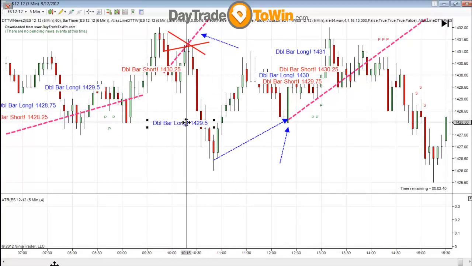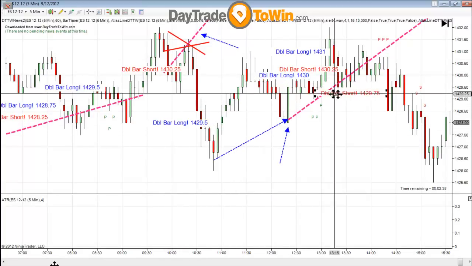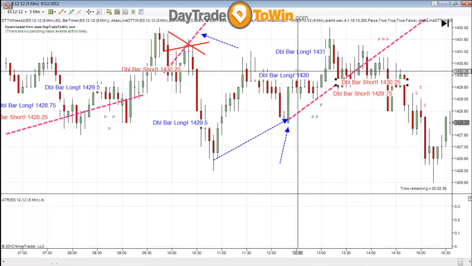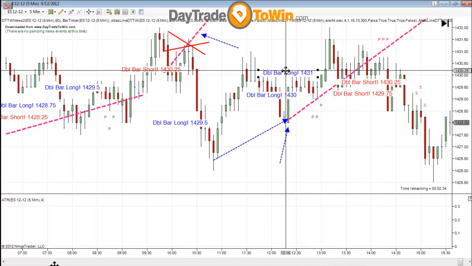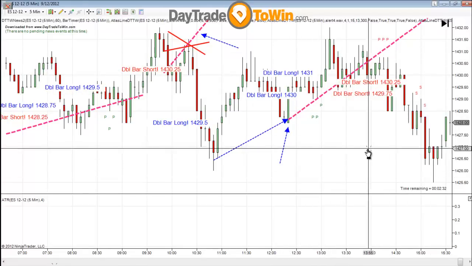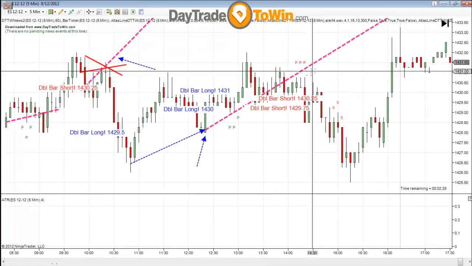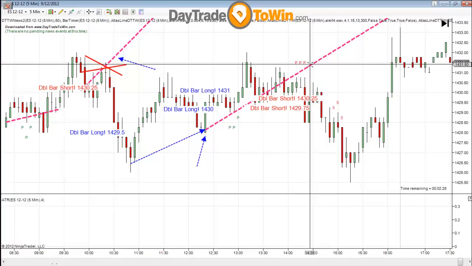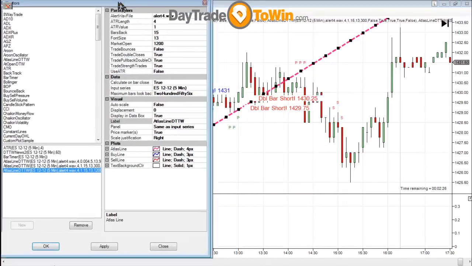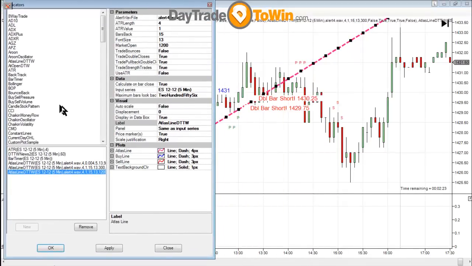Double bar long, double bar short when it comes below, here and here, double bar long, here and there. That's the 12 o'clock. Now if you wanted to add the last but not least 1400, it's not something that I want to add all the time, but you can. Another Atlas line plot, 1400.